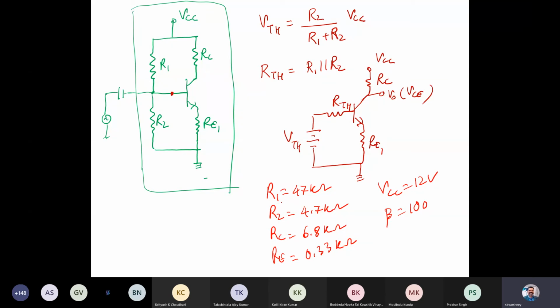So what is the VTH for this number set? The Thevenin equivalent voltage. What is this one?